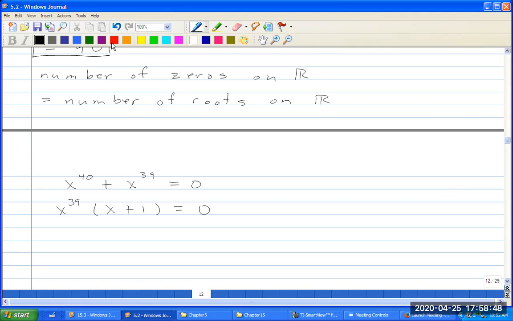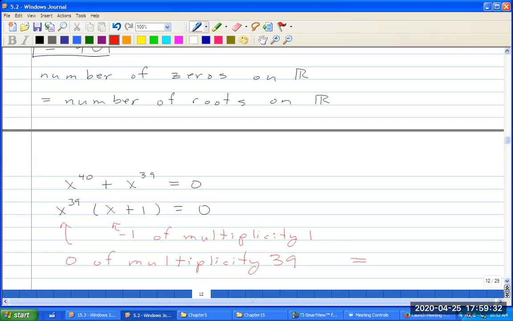Well, let's try to count this up. There's only one root here, x equaling -1. It has multiplicity 1. Here, the root will be 0, but it has multiplicity 39.